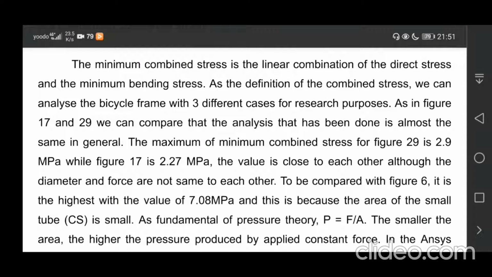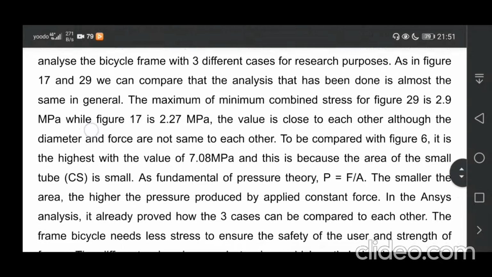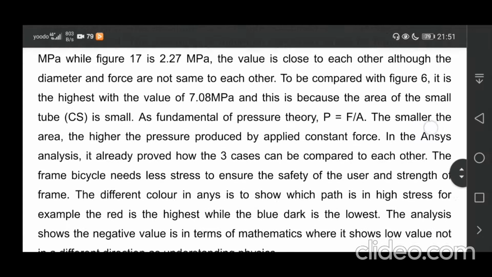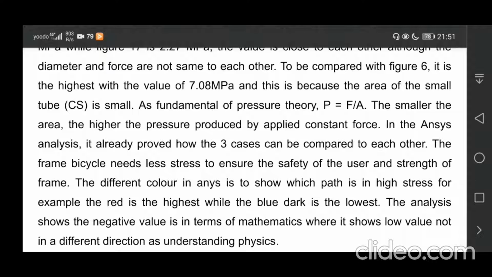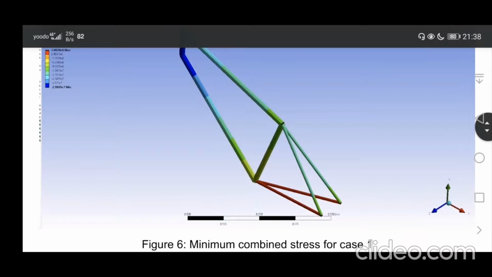We can see that the values of the maximum stresses are almost the same, 2.27 and 2.9 megapascal, although the diameter and force are not the same. Compared to figure 6, it is the highest, with a value of 7.08, which is for case 1.